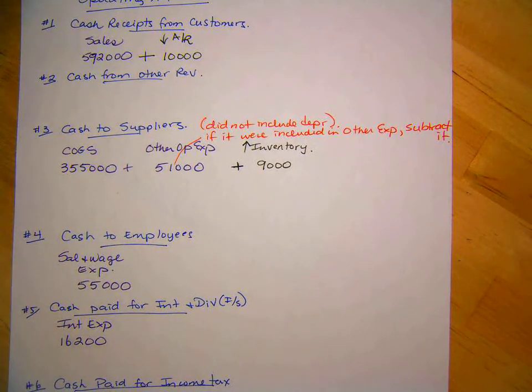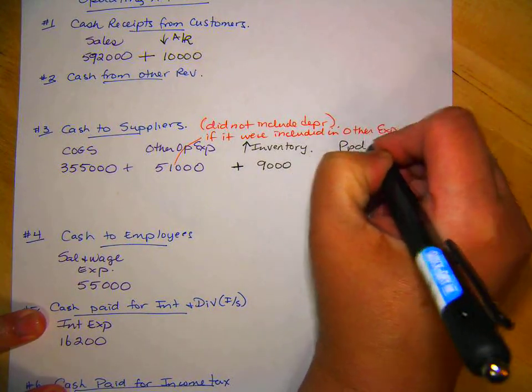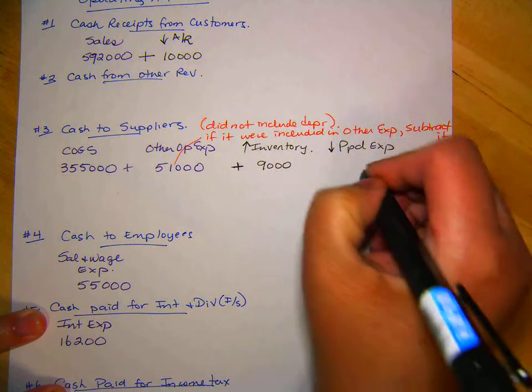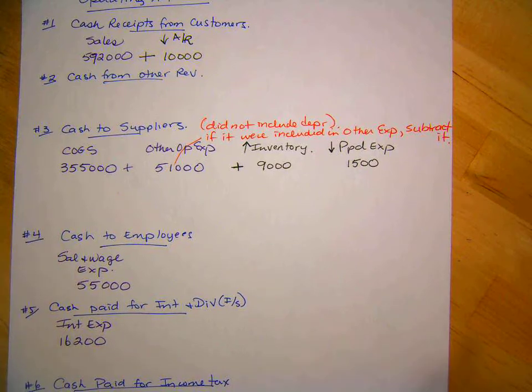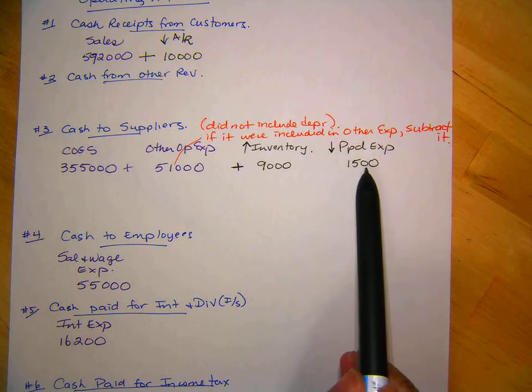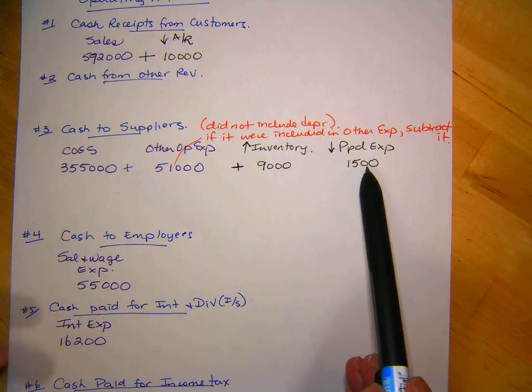Then we have prepaid expenses. Prepaid expenses went down by 1,500. So that means some expenses that we paid in advance last year, we expensed them this year.